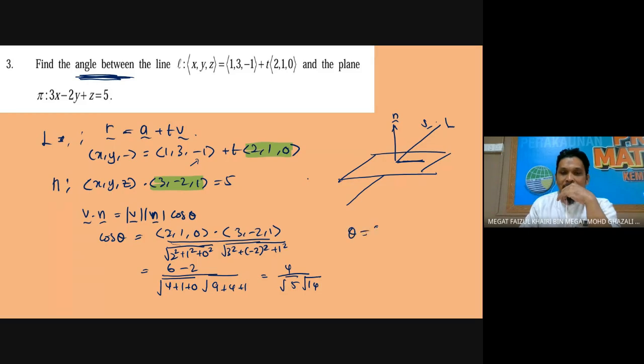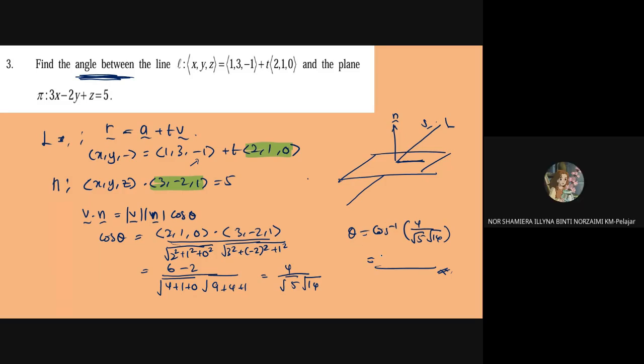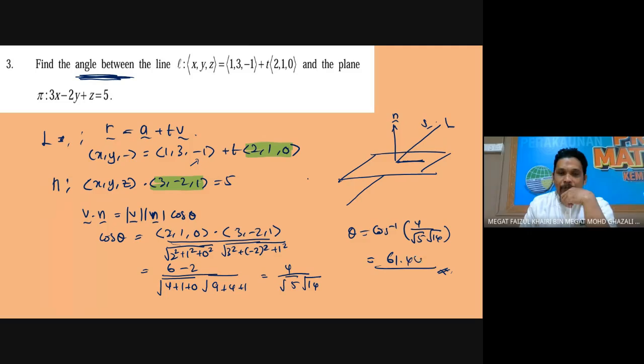So then theta equals arc cos of 4 divided by the square root of 5 times the square root of 14, which equals 61.44 degrees. There you go.